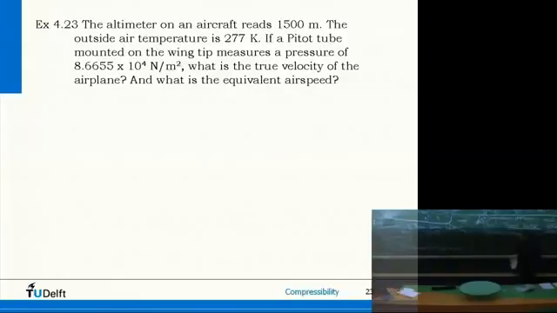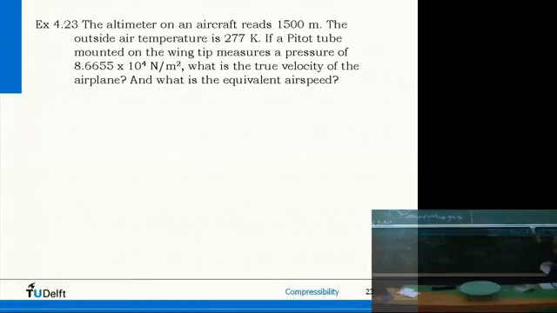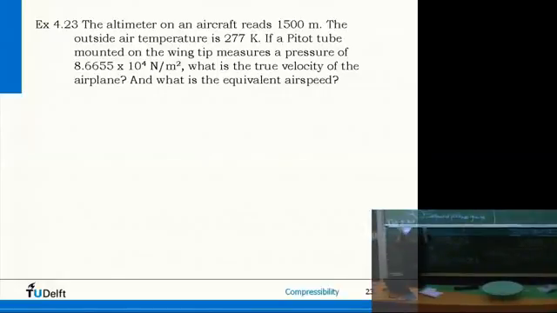Now the equivalent airspeed. We just computed the true airspeed. Equivalent airspeed is what people sometimes use in aircraft if they are lazy: they use not the actual density, not from the measurement of the temperature, but the density at standard sea level conditions, so 1.225. So it's an approximation. Now how far off are we? So we could have computed the equivalent airspeed.